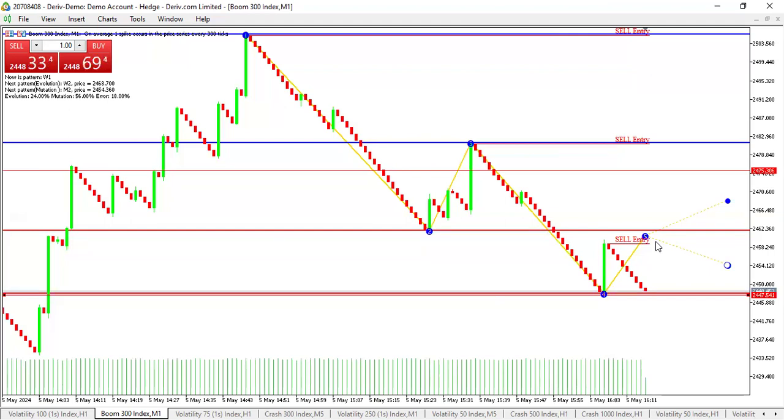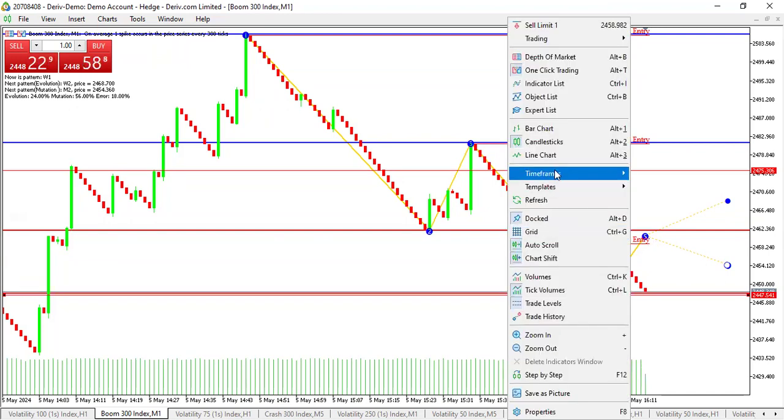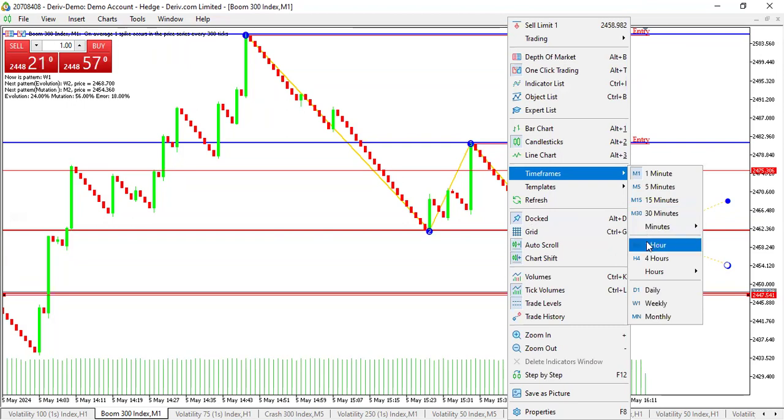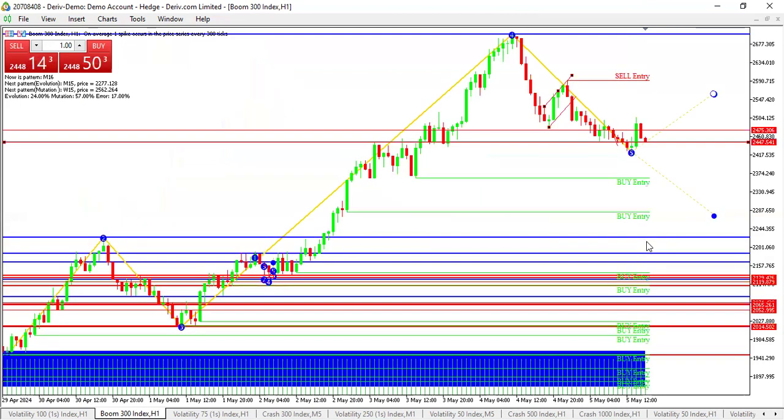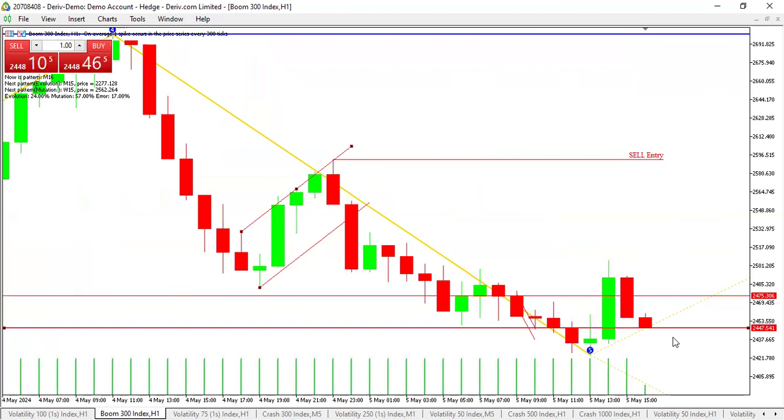When the H1 candle is red, like what I was saying, you check clearly on the H1 time frame. Our H1 candle is still red. So for us to enter a buy here, it's risky. Same as for us to enter a sale, it's risky again.